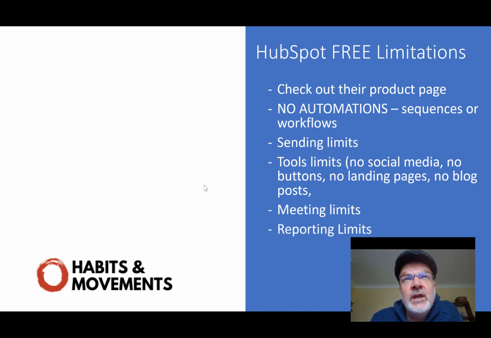Reporting limits. When you go to the reporting pages, you do get loads of different types of reports: reports about how many people are in each deal stage, reports about how many people have been to your website, what pages they've been to. So there are some incredible reports, but they are limited if you want high-end reporting, high-end analytics.